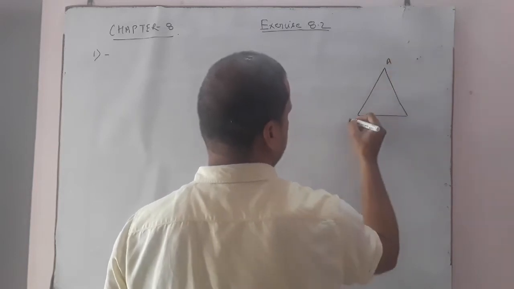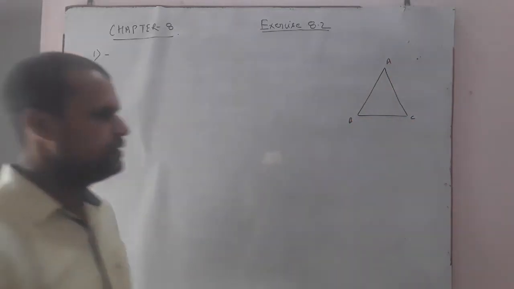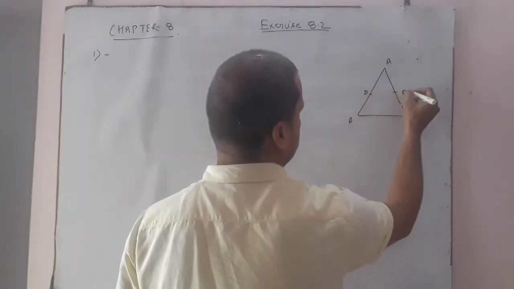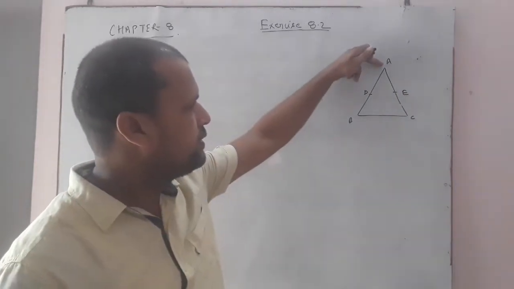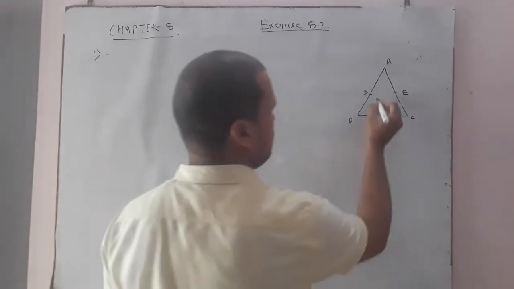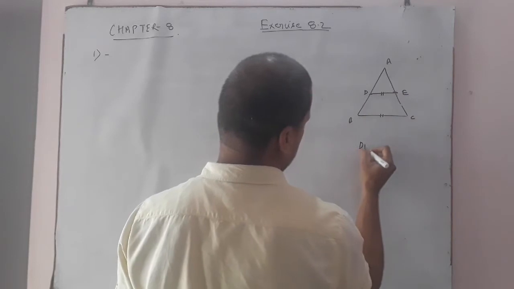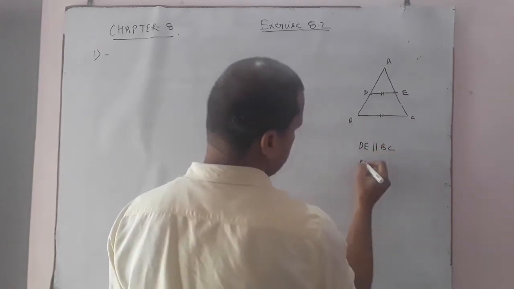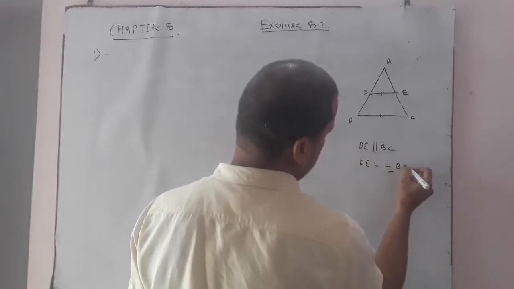ABC is a triangle and D and E are the midpoints of the sides AB and AC, then DE is parallel to BC and DE is half of BC.